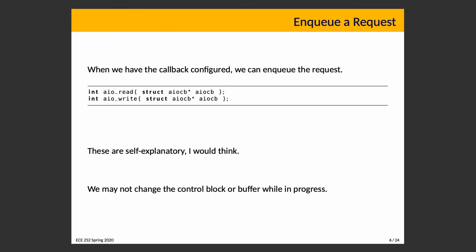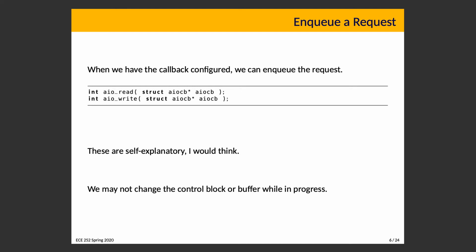They are, again, straightforward because they only ask you to specify a pointer to the AIO control block that you want to enqueue. One thing that is important to note is that you may not change the AIO control block or the buffer, the source or the destination for the data, while the AIO operation is in progress.